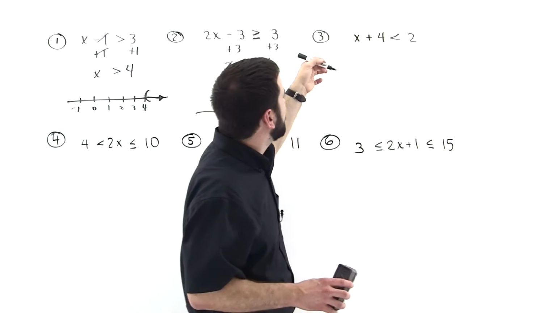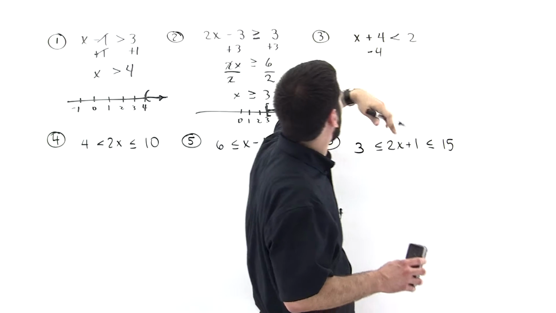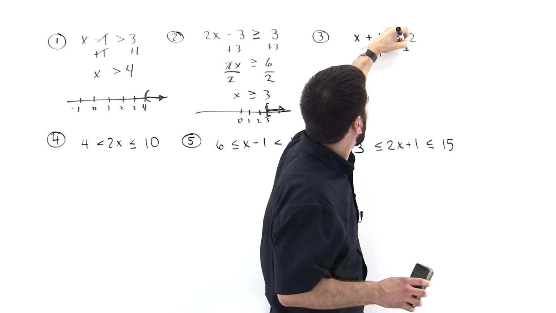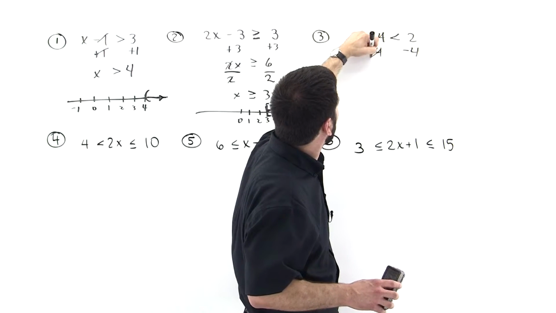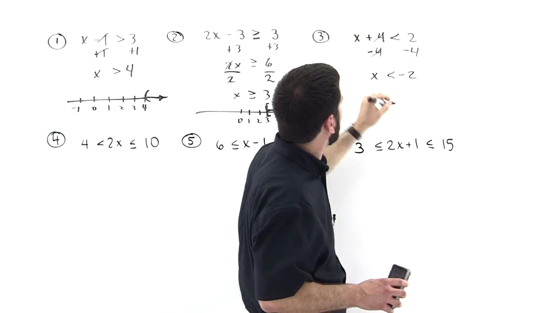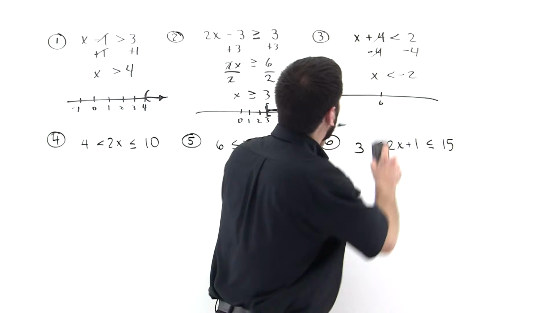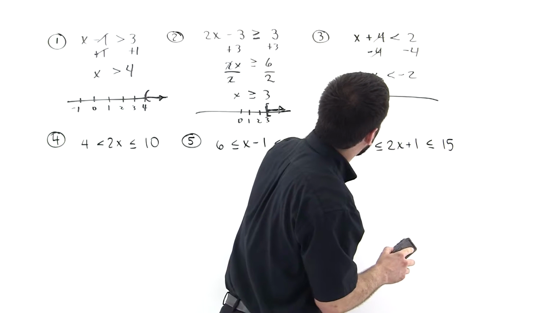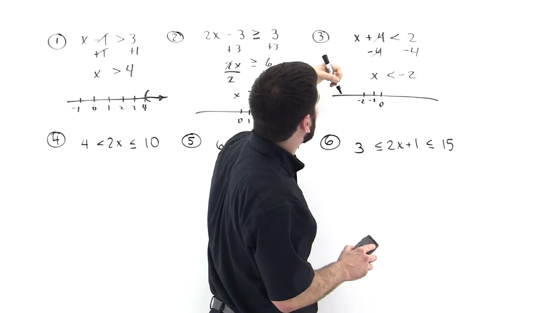For number 3, we'll subtract 4 from both sides. Then this cancels, and x is less than 2 minus 4, which is negative 2. If we graph this, we have 0 on the number line, negative 1, negative 2.